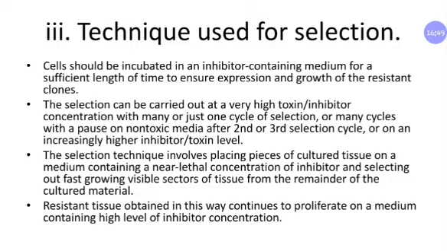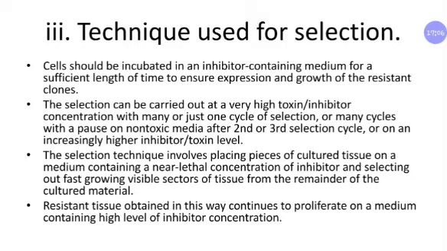Next is selection technique. The cells are incubated in an inhibitor-containing medium for a particular time, or a sufficient length of time, to ensure the expression or growth of the resistant clones.